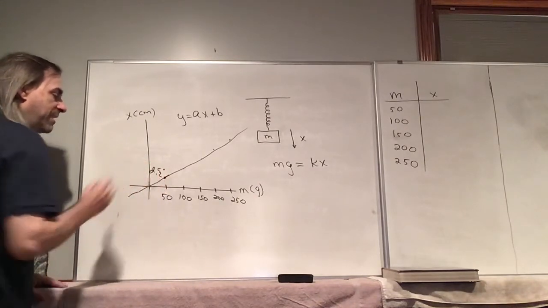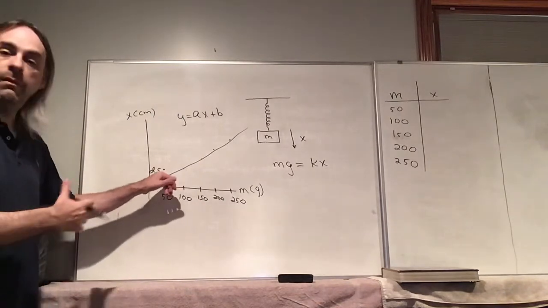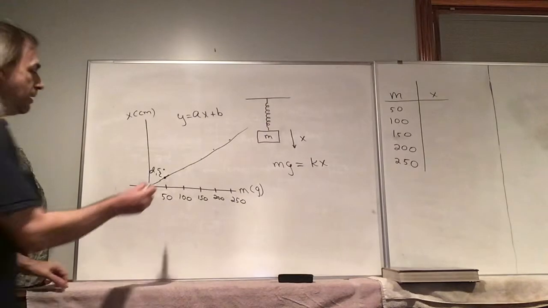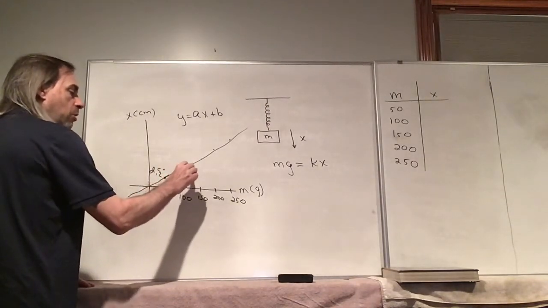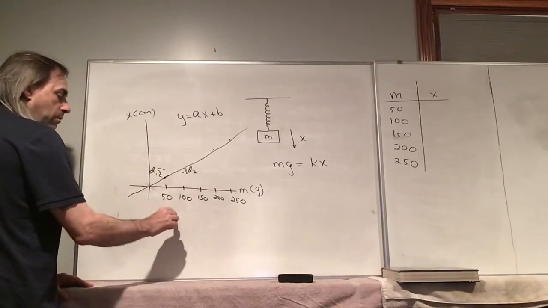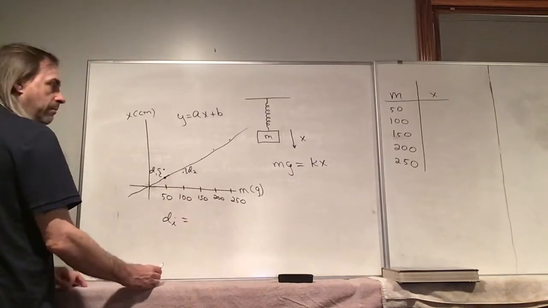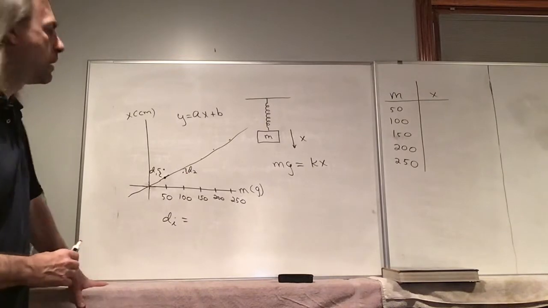And let's call this D1, the distance between that point on the line and the actual data point. And then point 2 might be a little below the line, so we'll call that D2. So we'll define D in general, or say just D_i.